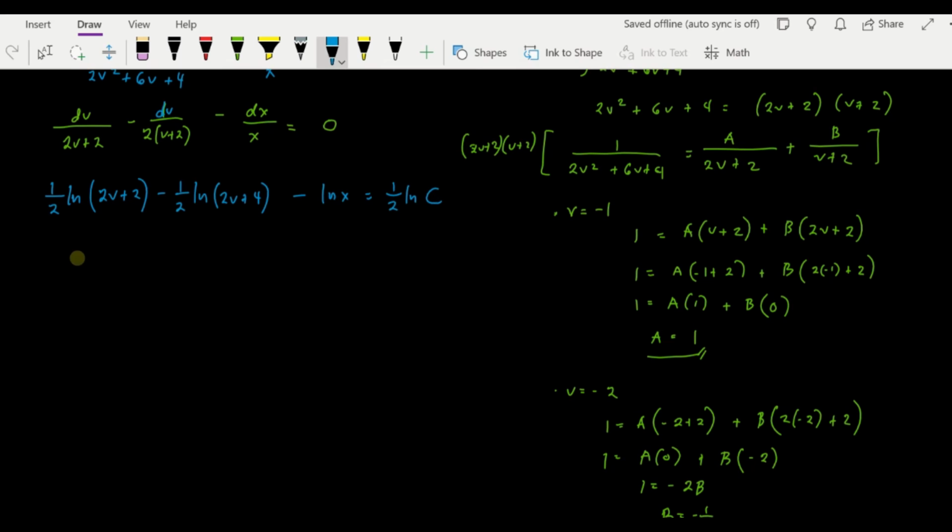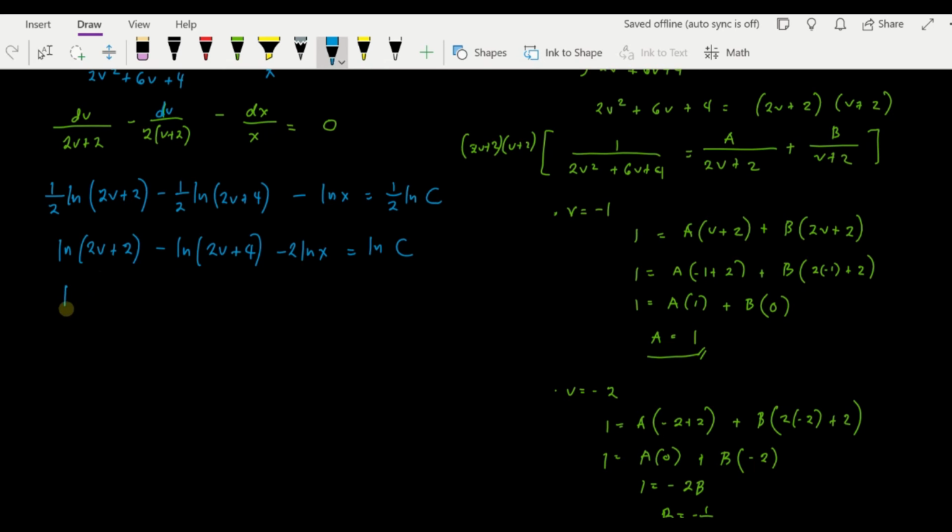Multiply both sides by 2 becomes ln of 2v plus 2, then minus ln of 2v plus 4, minus ln x times 2. Ano, multiply natin sa 2 equals ln c. And then, gamitin natin yung mga logarithm laws or properties.